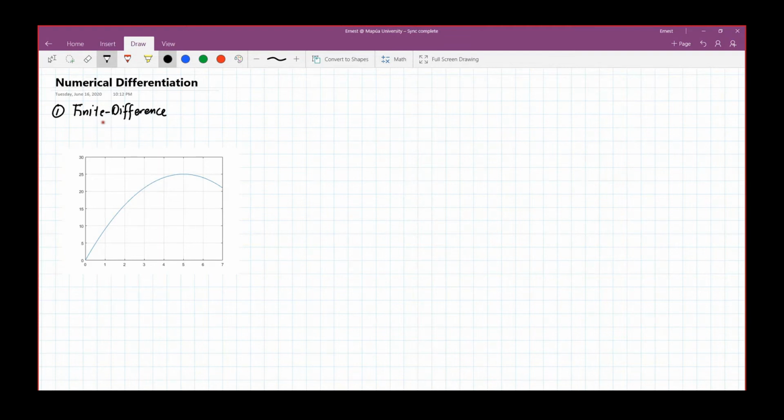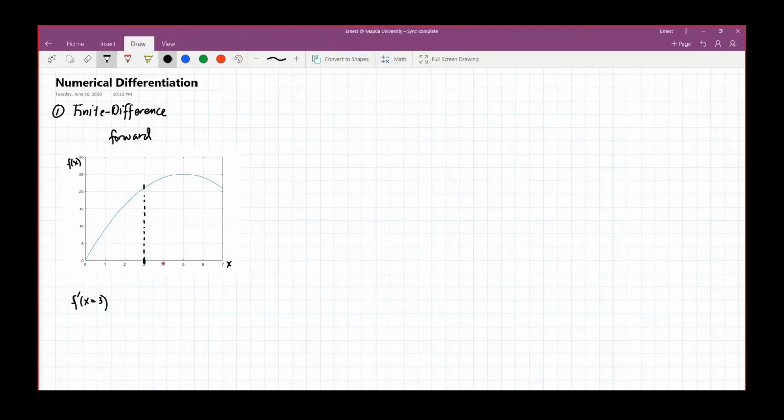First, we can do forward difference. Say this is x and this is y, f as a function of x, and you want to calculate the derivative at x equal to 3, here.